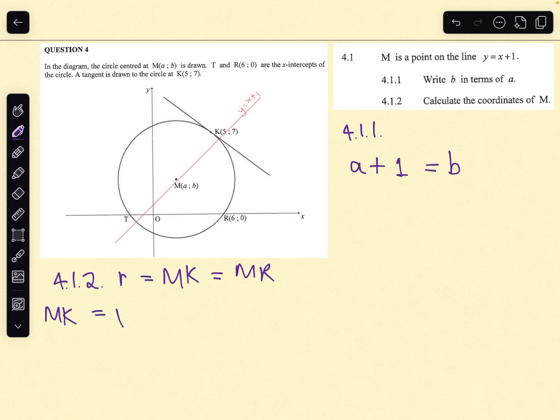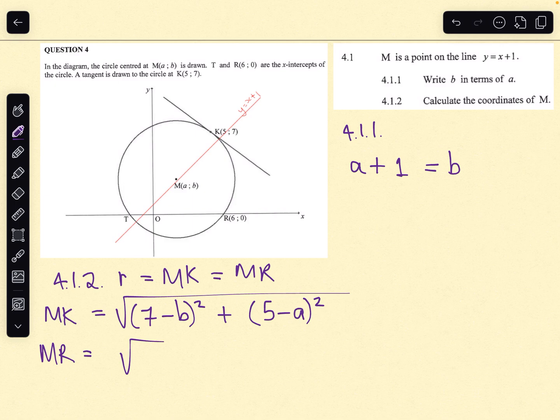So that is the difference between the y's and the difference between the x's. Okay, and then MR would be, again, the difference between the y's, b minus 0 squared, and then the difference between the x's.